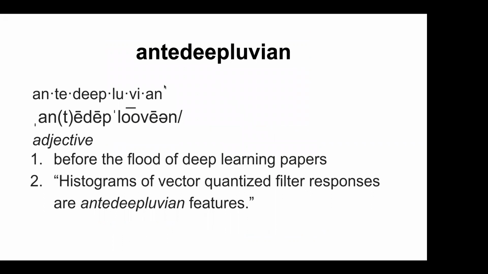And so I have this funny term here called antediluvian. It's a play on the term antediluvian, which means before the flood. So this is basically papers that were written before 2012. And as we all know, people don't generally focus on key points and interest points and parts and attributes anymore.